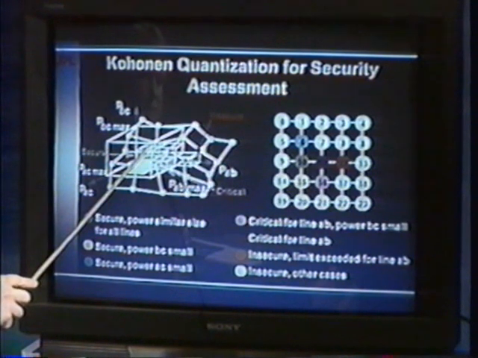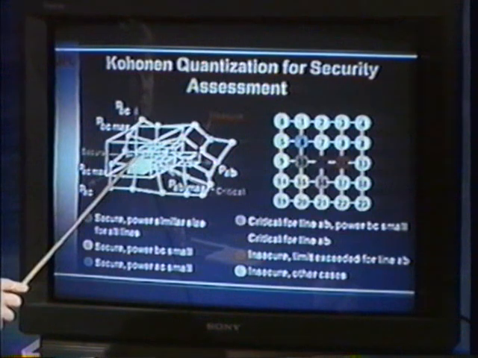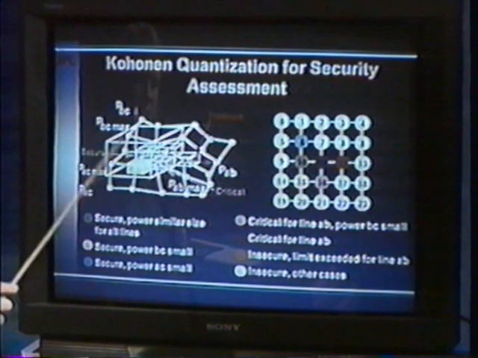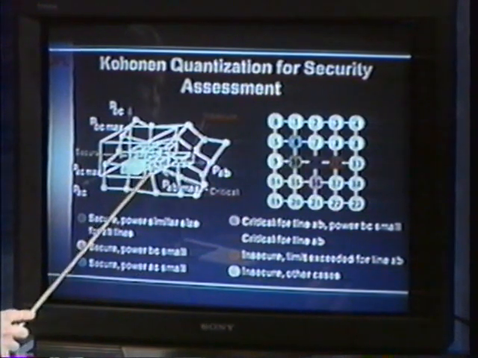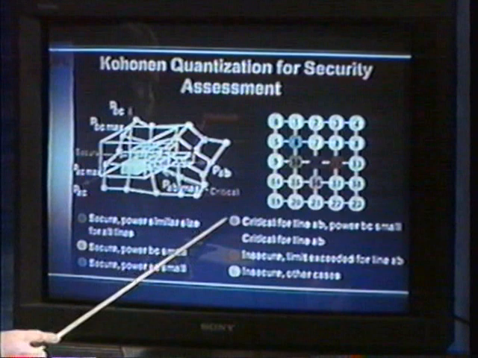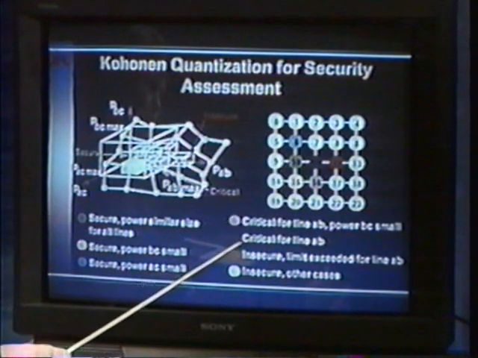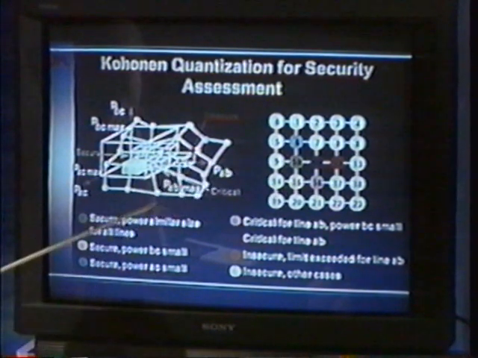We will have a secure neuron, but the power for line BC is small. We will have a secure neuron where the power for AC is small. And if we go then to the borders, we will have some pink and violet neurons, which will be critical for certain lines. And we will have an unsecure neuron here, which is red, where the limit is exceeded for line AB.